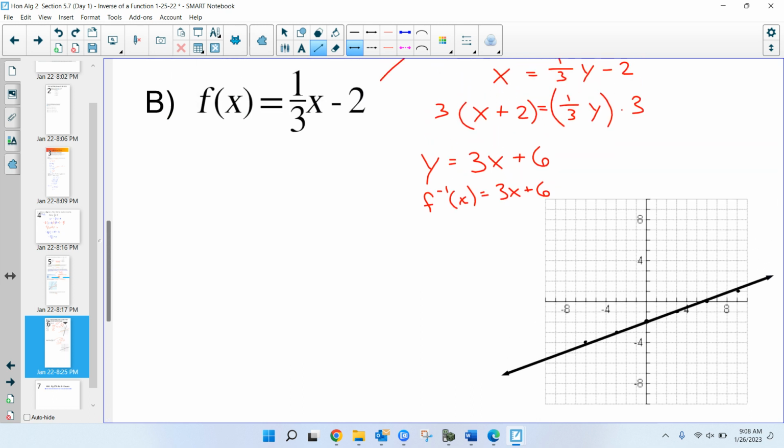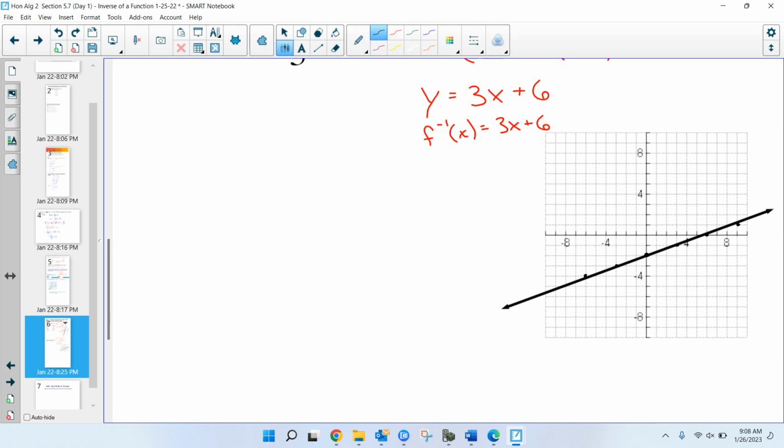And then 3x plus 6 is pretty easy to graph. The y-intercept is 6. Slope of 3 over 1.